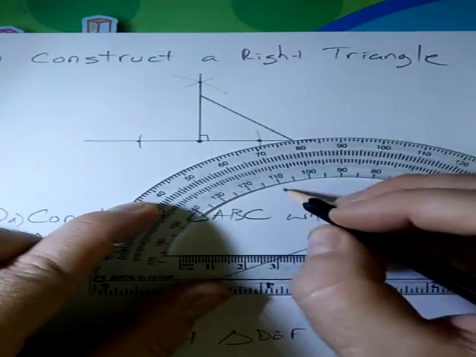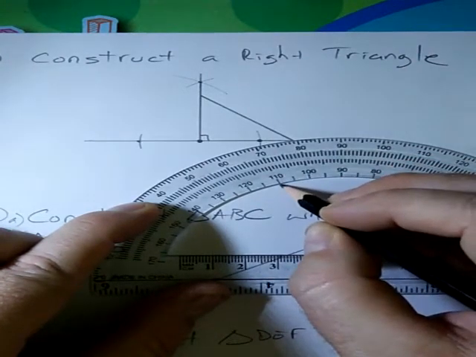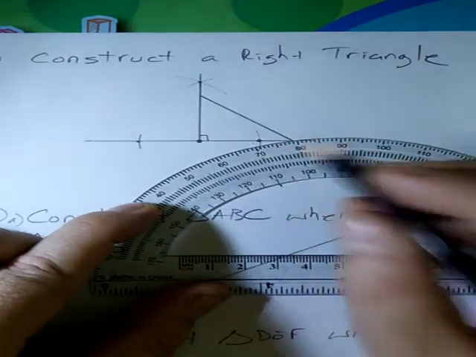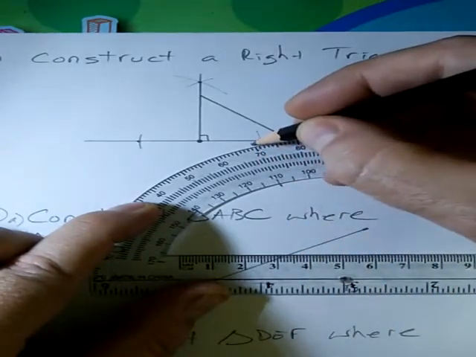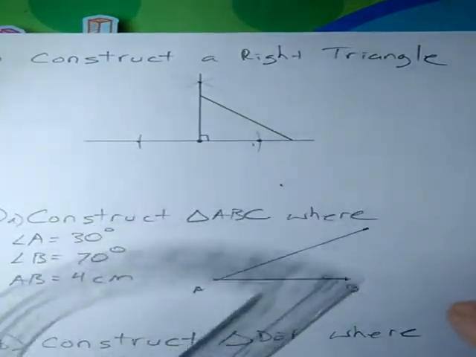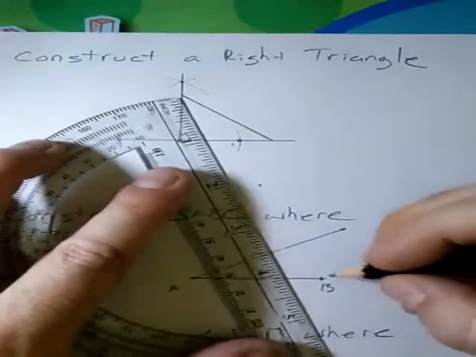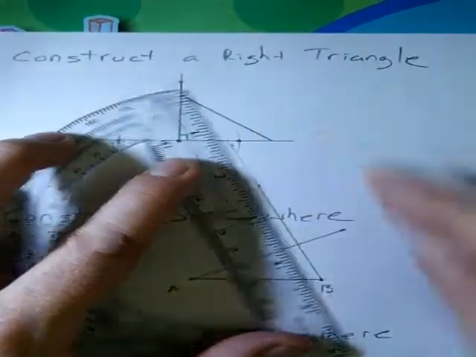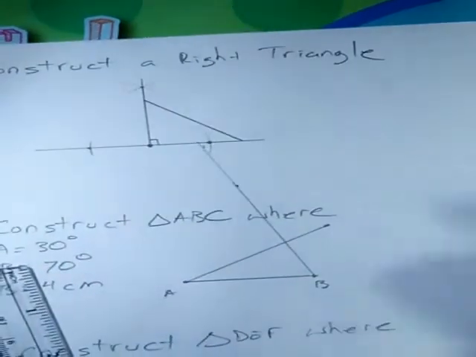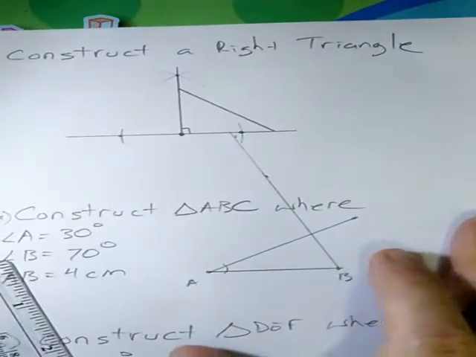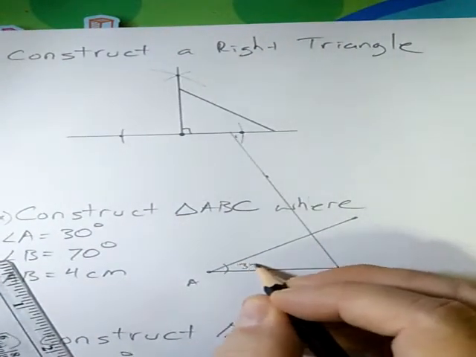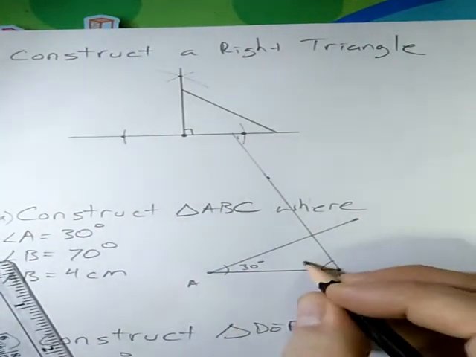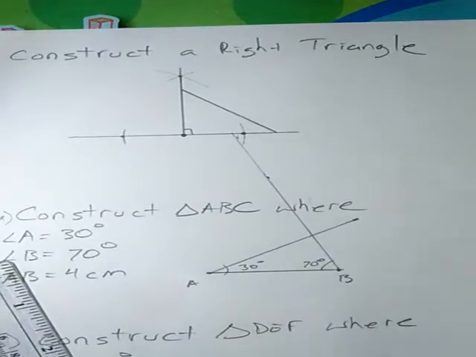So I'm just going to make the mark here at 110 just to make my life a little easier, but really know that that's 70 degrees. And I can put that mark there too, just to make sure. So I'm going to draw a line from B through these points, and we see that that does go through both those points. This is 30 degrees, this is 70 degrees, and there is my triangle.